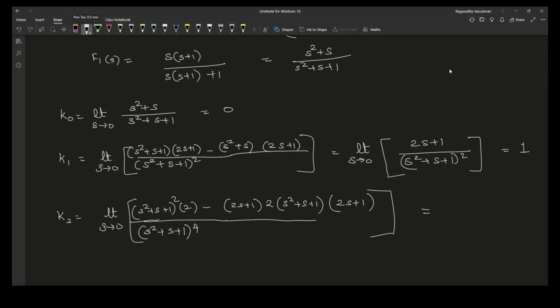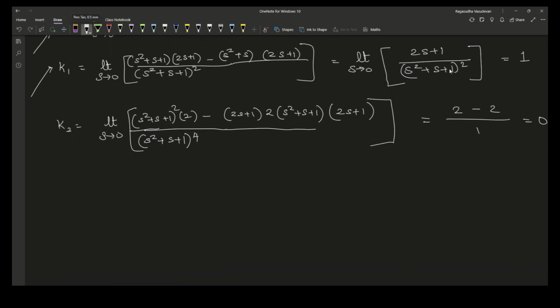K2 is going to be 2 minus all the s terms will go away, so you will have 2 divided by 1. So the value of K2 is 0. So we will only have two terms in this, K0 and K1. Even if you find out K3, it's going to be 0. You can just try it out and let me know.